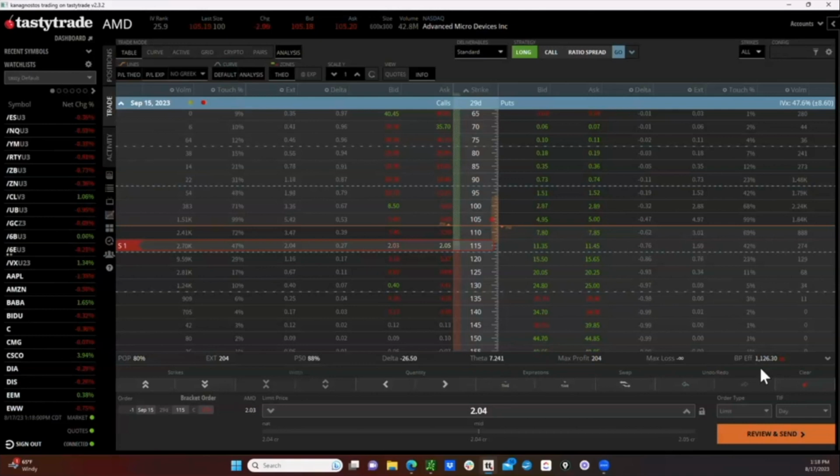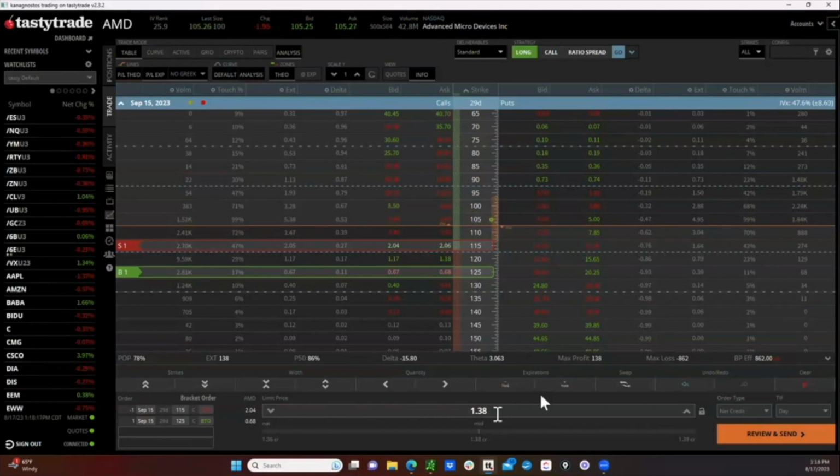However, I'm going to buy a further out of the money call to define our risk and lower our capital requirement a little bit. So let's buy the 125 call. So that's a $10 wide spread. It lowers our max profit to $1.38, $138. Our max loss comes down to $862, and that is also our capital requirement.